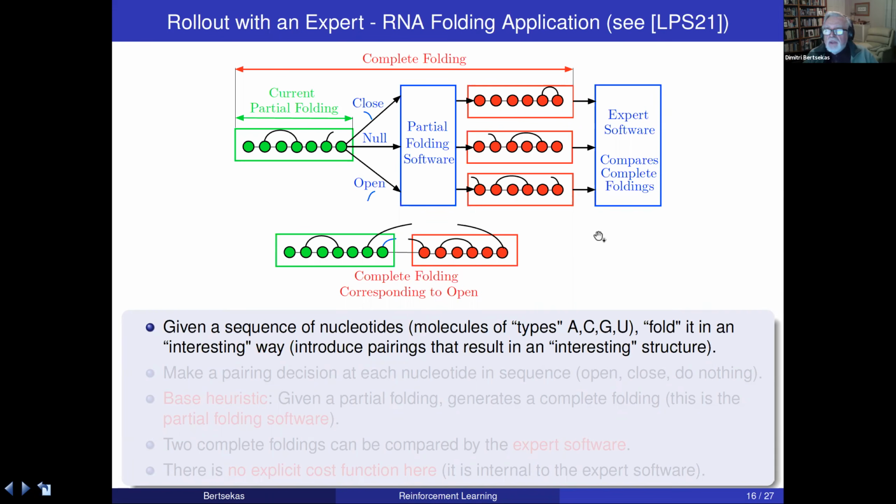And nature folds this sequence by pairing various types of molecules, A with U, C with G, and binds the various nucleotides to each other. And it has a way of doing that, and we're trying to predict what nature will do. That's a very fundamental problem in computational biology.